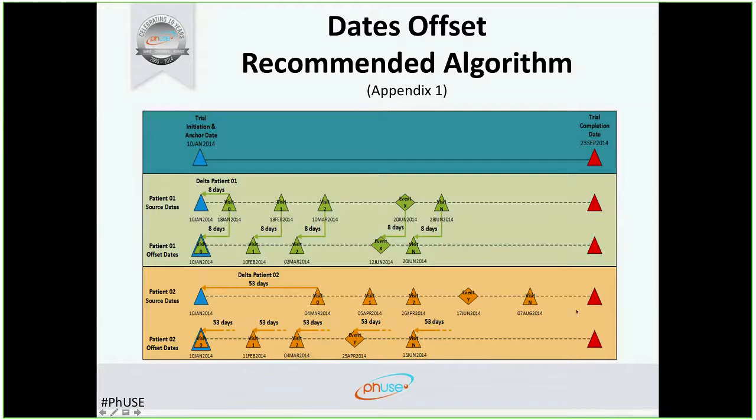And policy 70 guidance also recommends applying an algorithm that keeps your dates within the plausible range of dates that have taken place in the study. As I said before, those two dates are public.